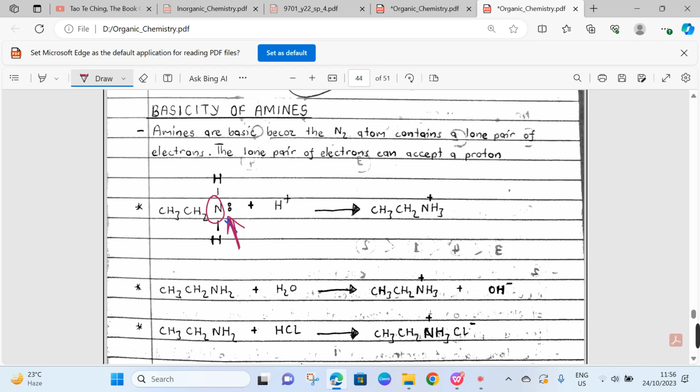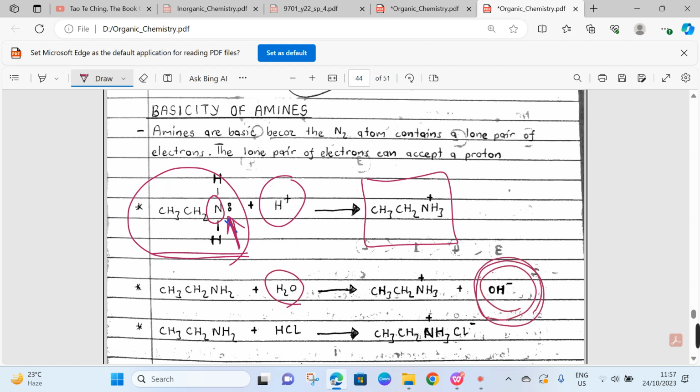So the more readily available that lone pair of electrons is to protons, the more basic the amine. So this is just a typical example to show how this base here is accepting this proton to form this positively charged compound, okay?